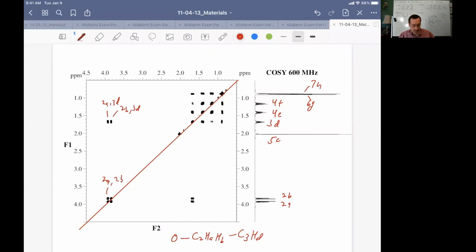And now let's continue with our cross peaks. 3D over here crosses with 4E, and 3D crosses with 4F.